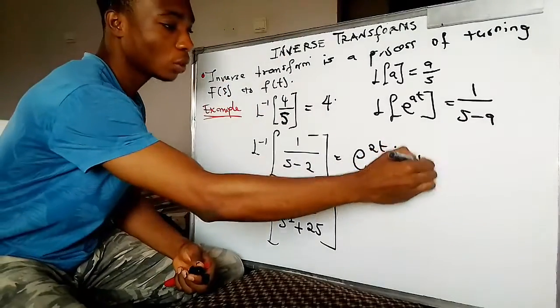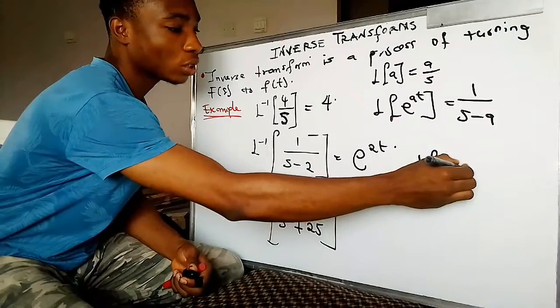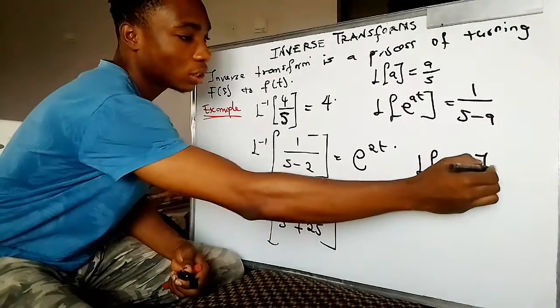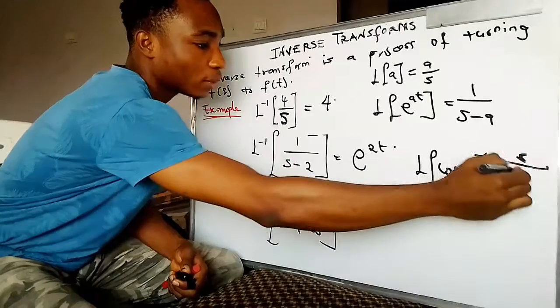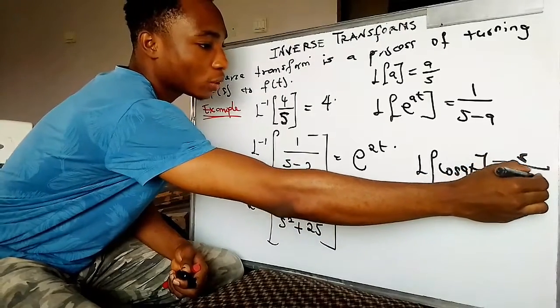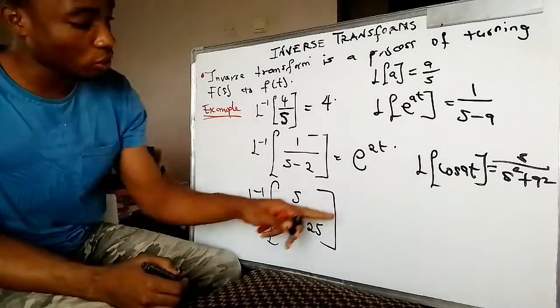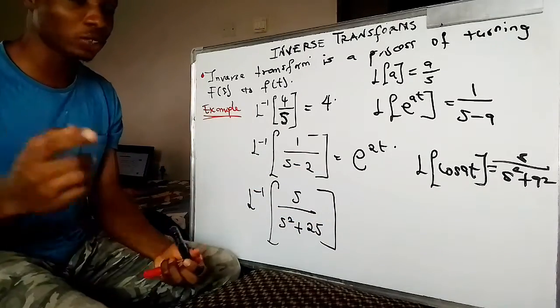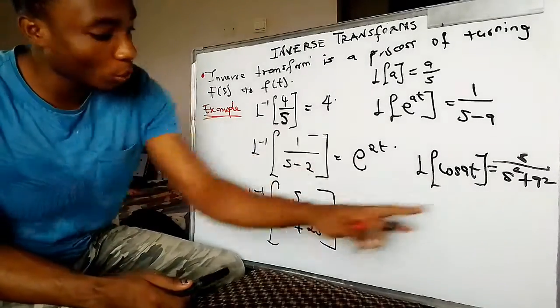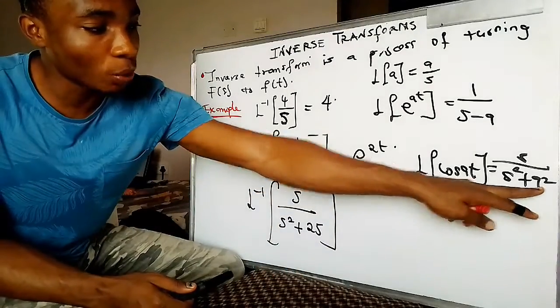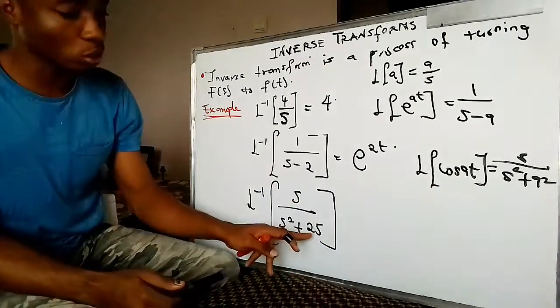You all know that the Laplace of cos at is equal to s divided by s squared plus a squared, right? If you compare this to this, you see that they are the same function of s. But now, the constant here, a squared is equal to 25, right?